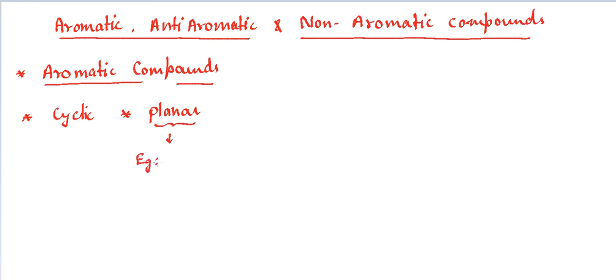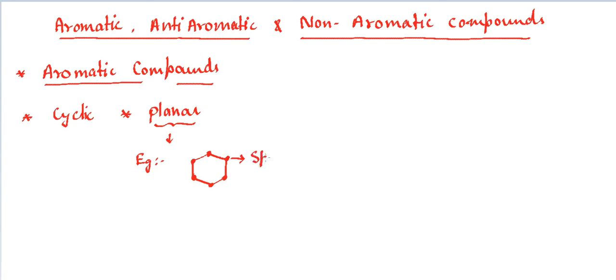For example, let us see this simple compound. This is a cyclic compound. Now, these are the elements that are involved in ring formation, that is, these junction elements. Now, to check whether the molecule is planar or not, just check the hybridizations of these junction elements.